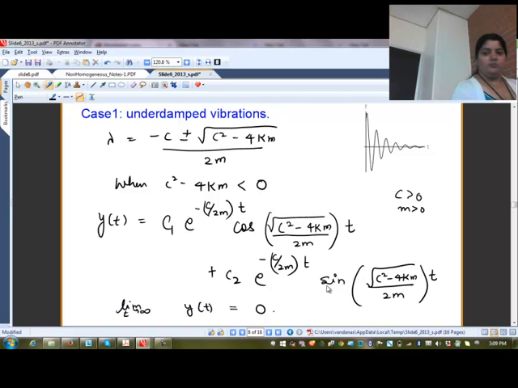Well, if I want to keep this positive, because I am assuming it to be negative, I can reverse the sign here, which will be helpful, because then it will be 4km minus c square, since we don't want the angle to be negative.